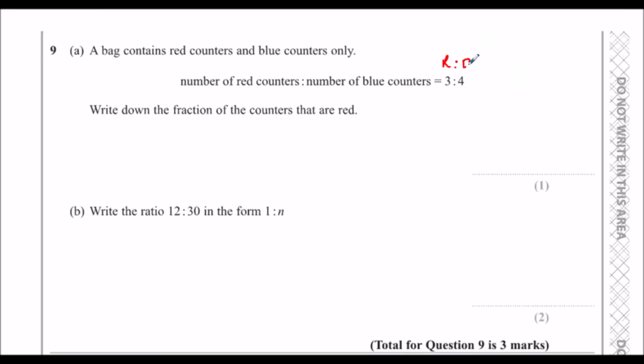In total, we've got 3 plus 4, which is 7 parts. So the red, we've got 3 parts red out of 7 in total, 3/7.